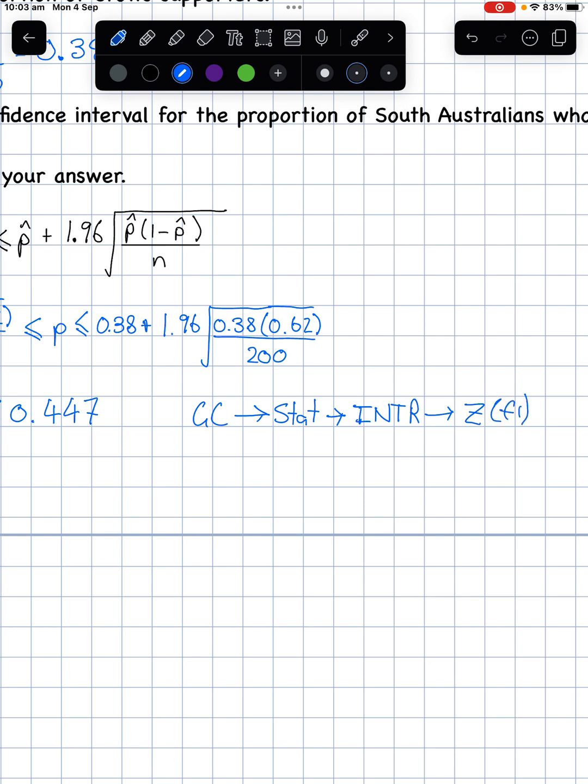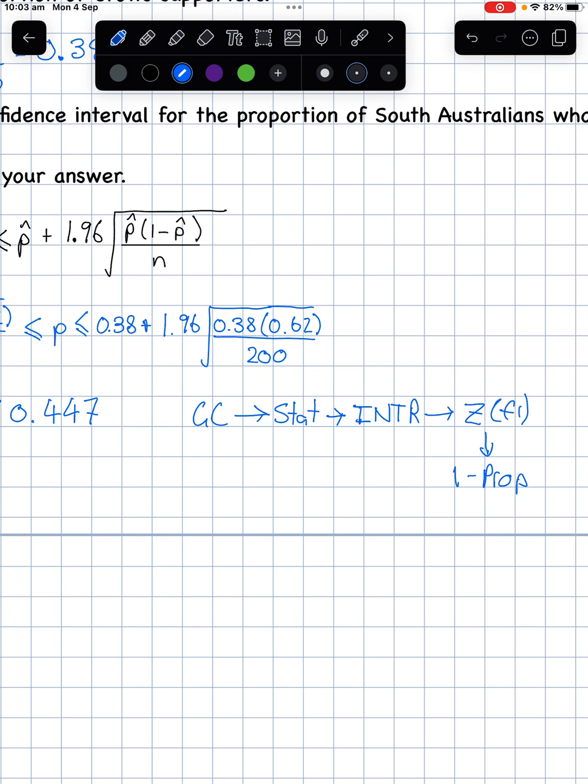I just picked the Z because it was easier. And then we're going one prop for proportion. We then change our confidence level to 95. Our number of values that we picked was, sorry, not 34.